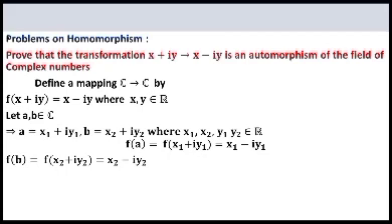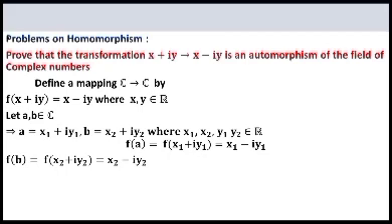First one, prove that the transformation x plus iy implies x minus iy is an automorphism of the field of complex numbers.